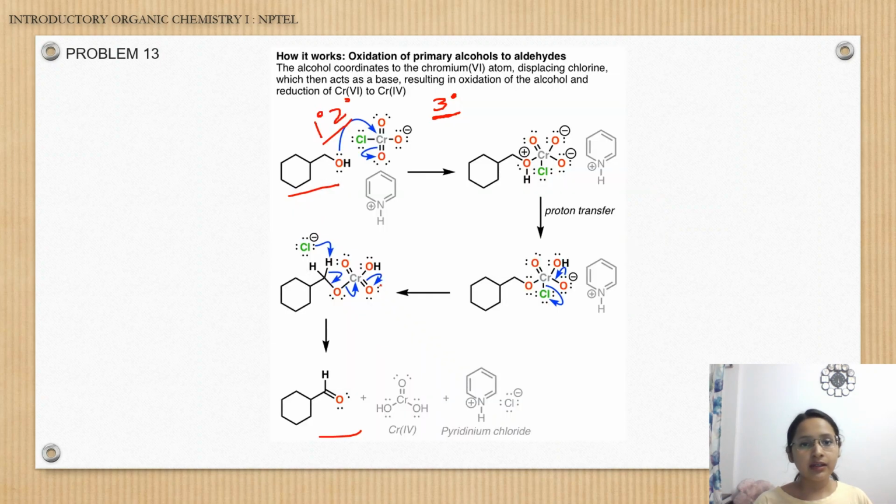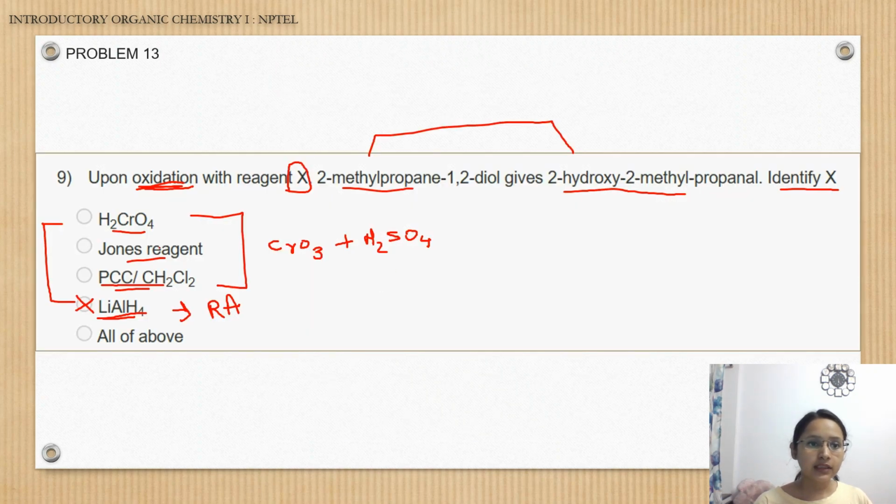So the reagent which is very much used for this kind of oxidation is PCC in DCM. The answer for this conversion is the third option, PCC, pyridinium chlorochromate, and DCM. Is it clear to all of you why PCC is the required answer?